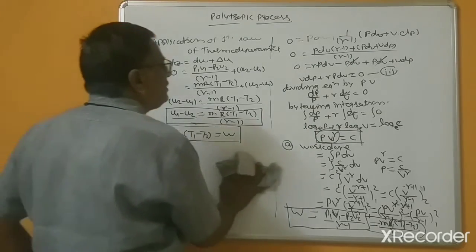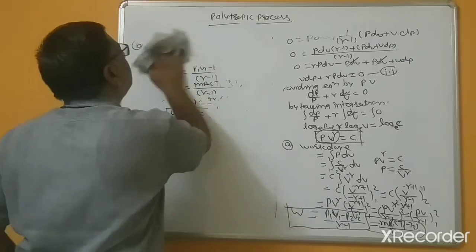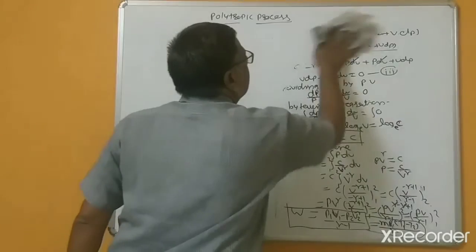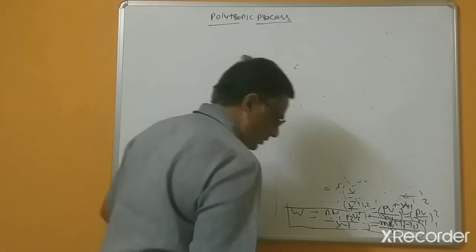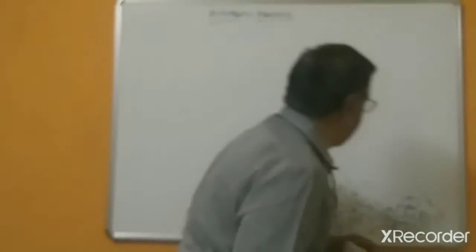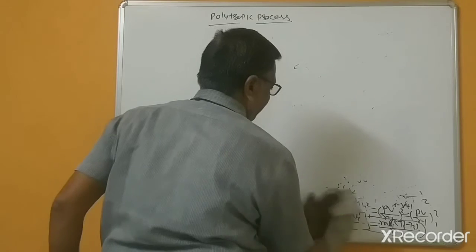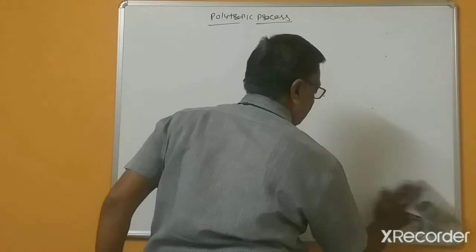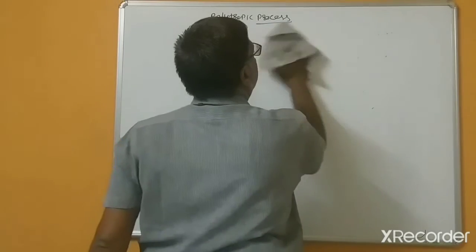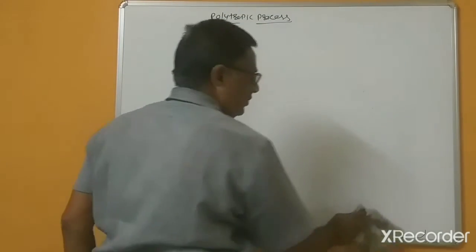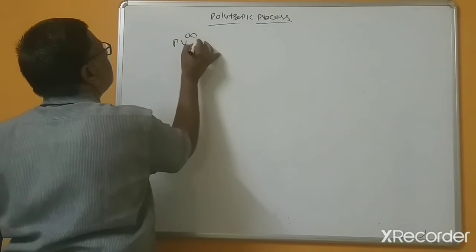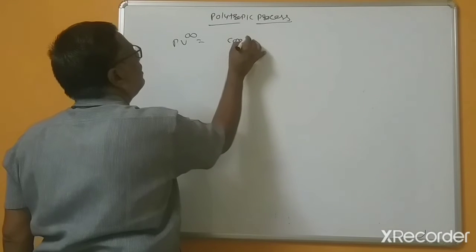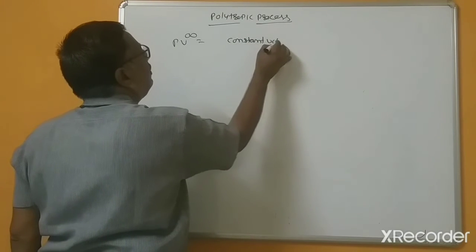So in the polytropic process, what is the change? As you know, the constant volume process has PV raised to infinity equal to constant.